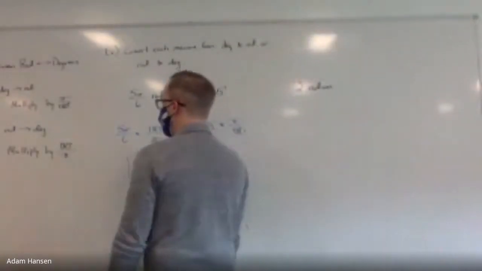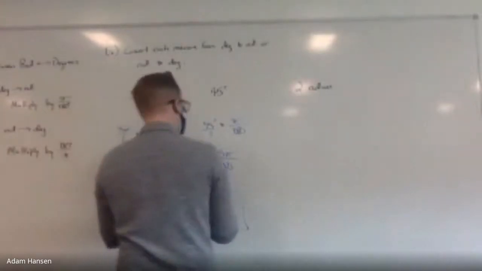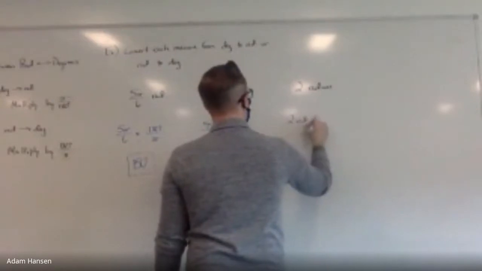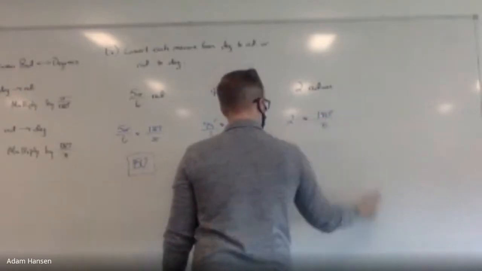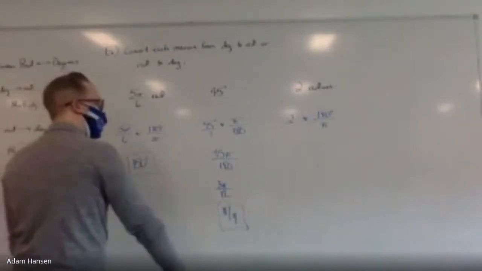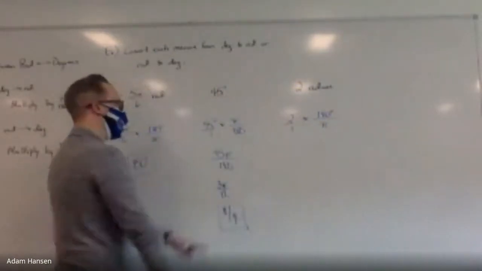Well, here's the same conversion factor we used earlier. To go from radians to degrees, multiply it by 180 over pi. So take 2 radians, or just take 2, multiply by 180 degrees over pi. It helps to put 2 over 1 and just multiply it together.